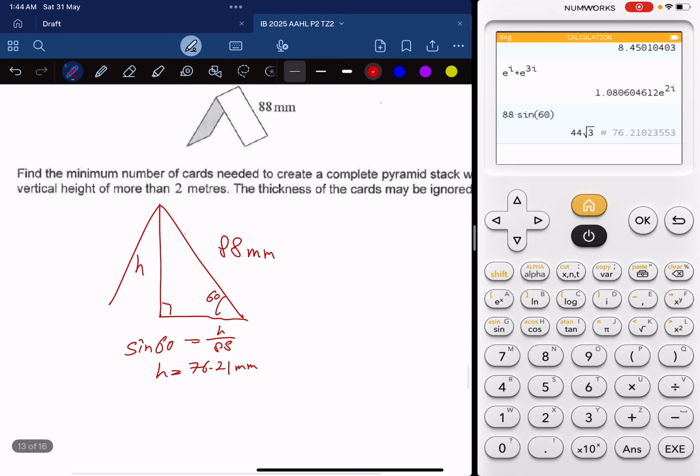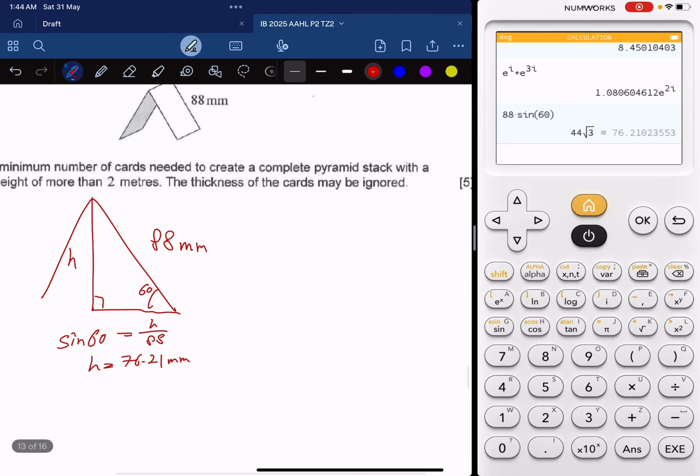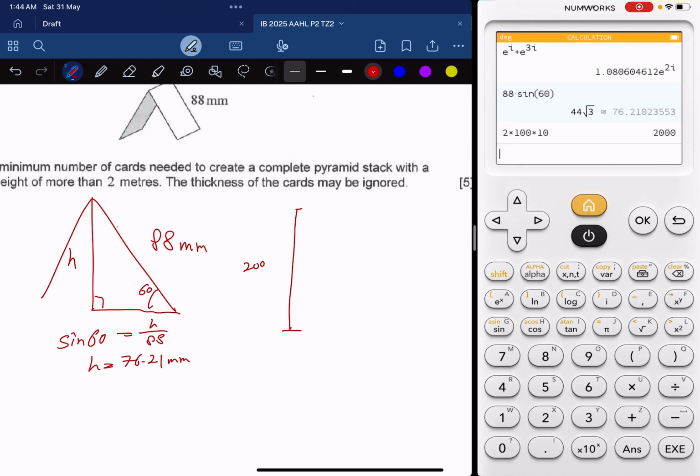So I want 2 meters, right? So how many of that, right? So basically imagine this is 2 meters. So 2 meters is how many mm? So 2 times 100 to get the cm, and then times 10 to get the mm, right? So 2000 mm. Okay, I think 1 cm should be 10 mm, right?